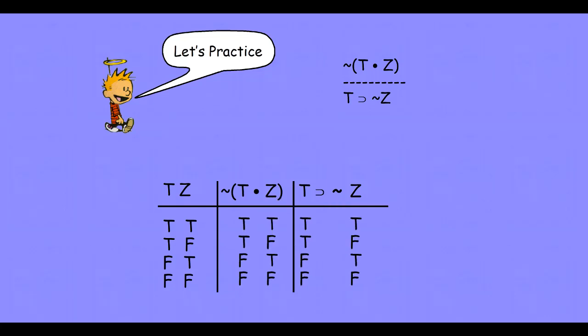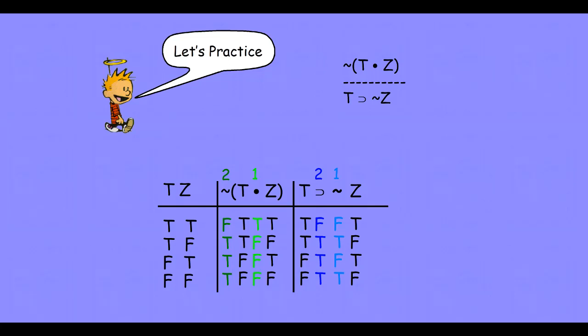Now we're going to start with our dot, that connective inside the brackets. It's only true when they're both true. We go outside, tilde, the tilde of the truth value of this whole thing. That gives us that. Then we go to our next one. We start with our tilde. Then we do our horseshoe.